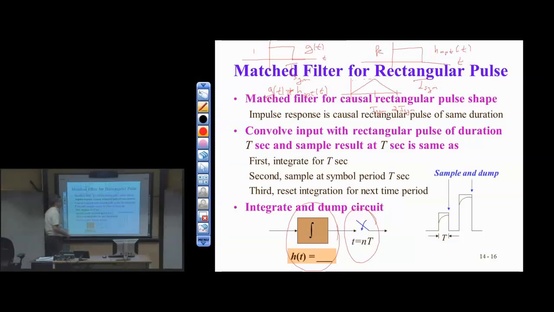K times T sym. This peak value occurs when I have maximum overlap between the two rectangular pulses when I flip and slide one of them about the other. Eventually they line up exactly, and I get the maximum value, which is just the area under the product of the two rectangles. The maximum area possible is when we have complete overlap, so base times height: T sym times K.